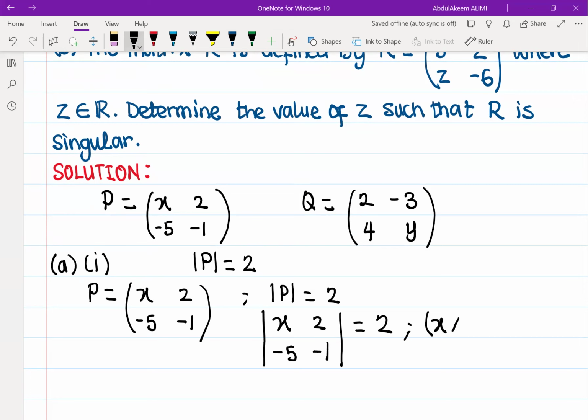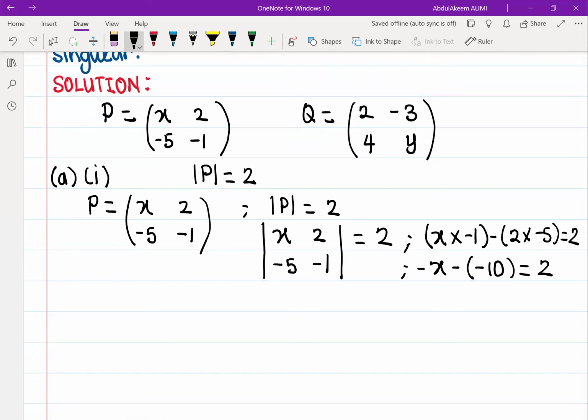This becomes x times minus 1 minus 2 times minus 5 equals 2. So this will become minus x minus minus 10 equals 2, that is, minus x plus 10 equals 2. I collect my like terms: minus x equals 2 minus 10, so minus x equals minus 8.